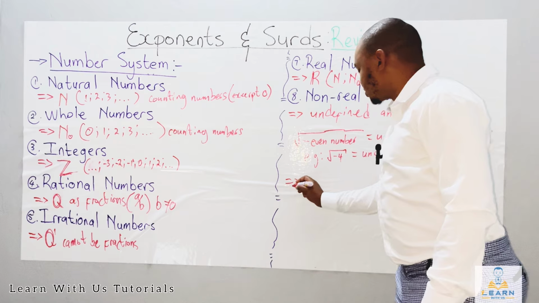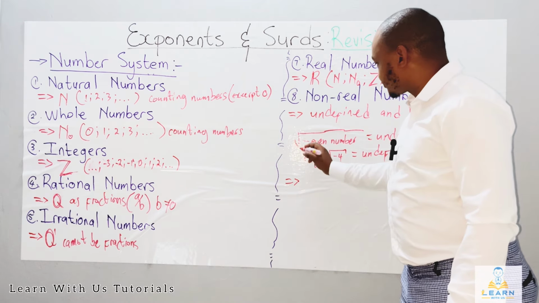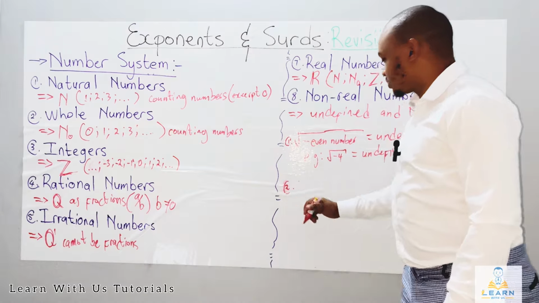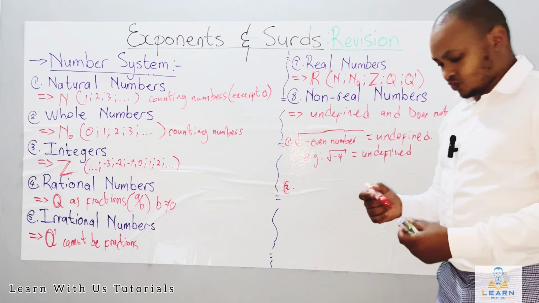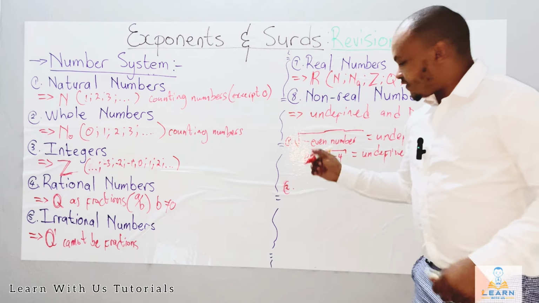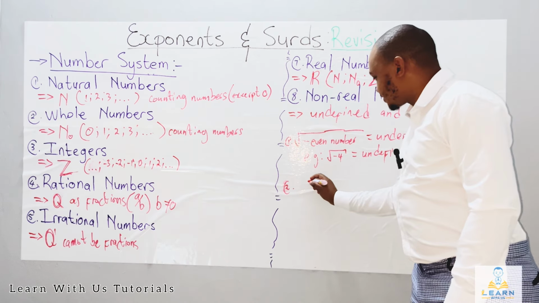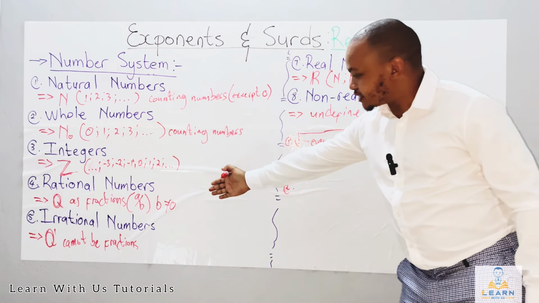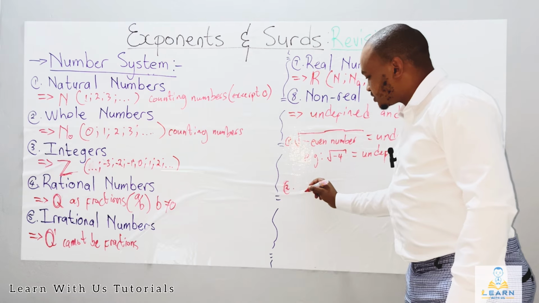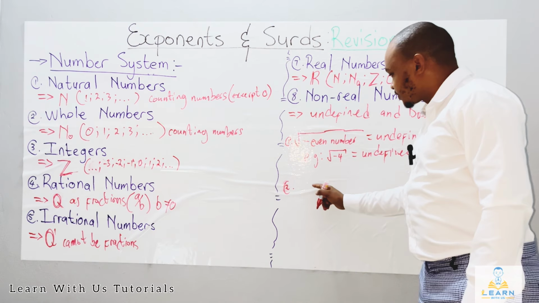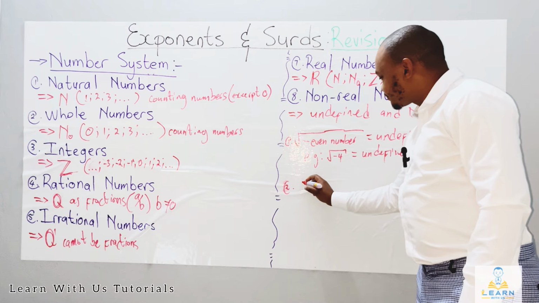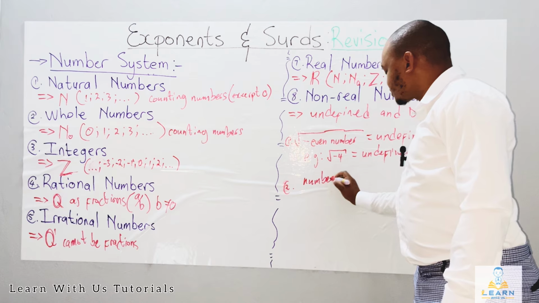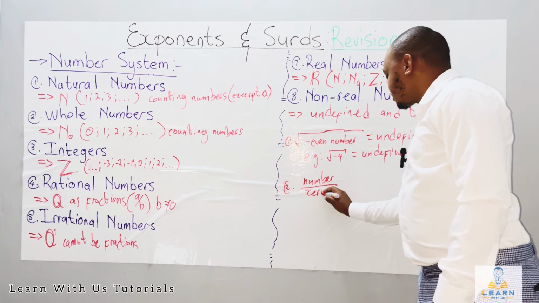Another condition that we need to respect, let me say here 1 and then here 2, would be a fraction divided by 0. Okay, let's say a over b, where b is actually 0, like the instance that I tried to show you there with rational numbers that we need to avoid. So with non-real numbers, that would be a number divided by 0.